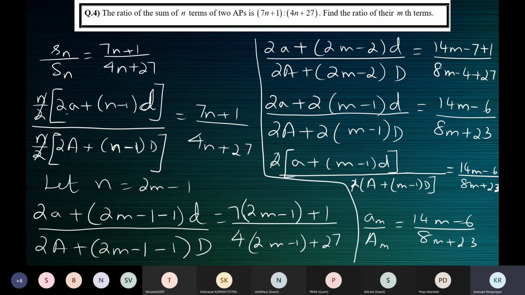You can find the ratio of any terms, meaning it should be the same term in both the APs. So if the 50th term in the first AP, 50th term in the second AP, you can find the ratios using the general expression. So given the ratio of the sum to n terms, we have found the ratio of their mth terms.